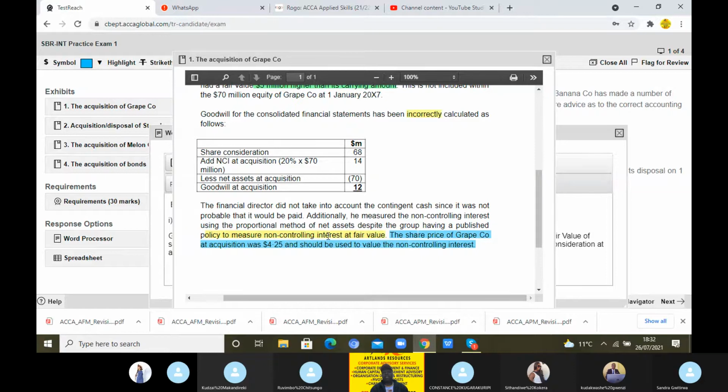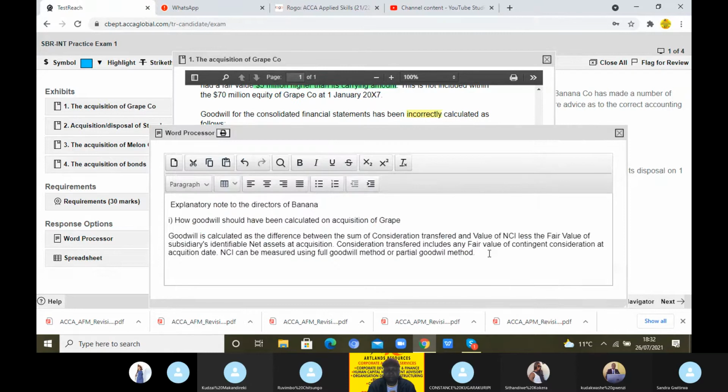So even if they are both allowed alternatives, what you then do is you say, as the company has a published policy of measuring NCI at fair value, then the full goodwill method should be used.